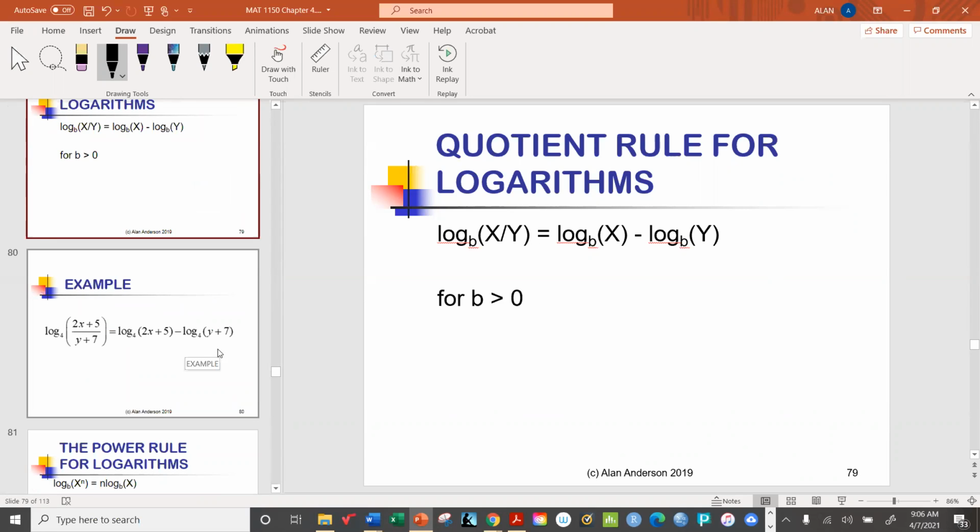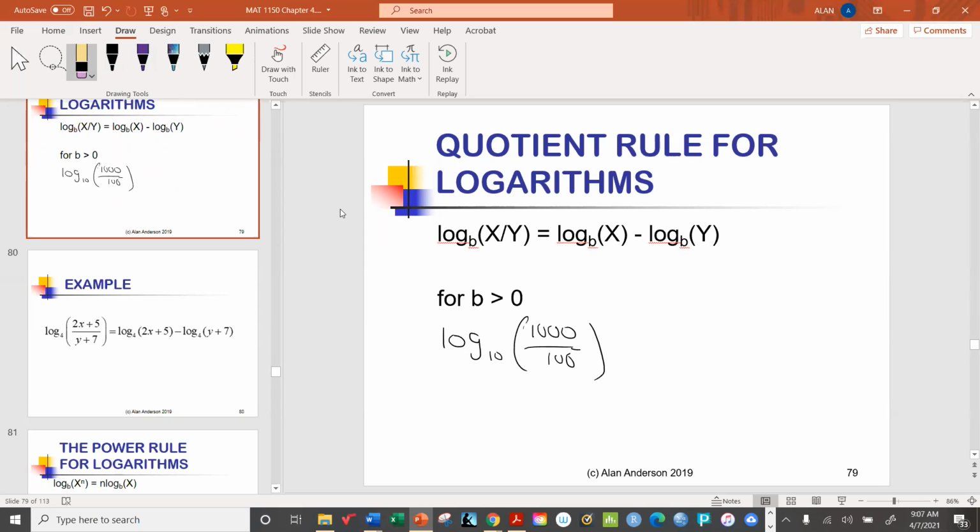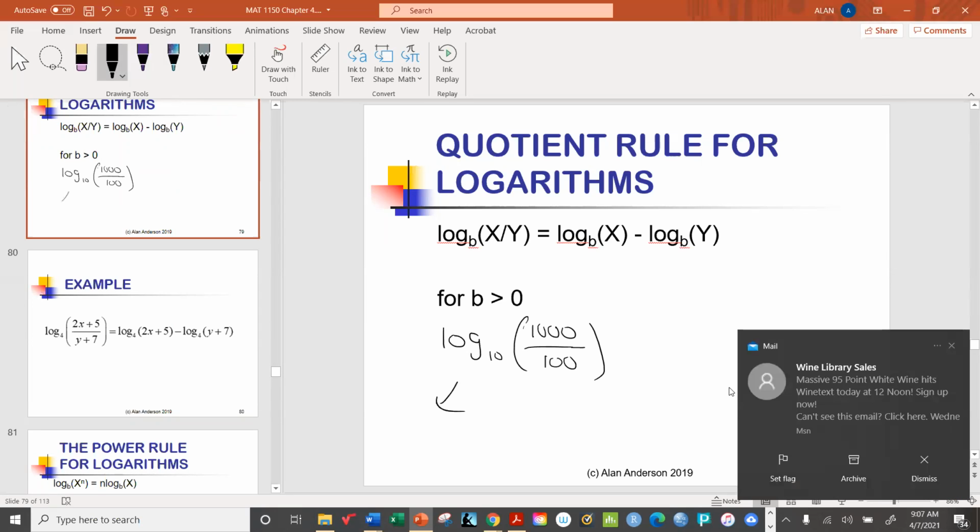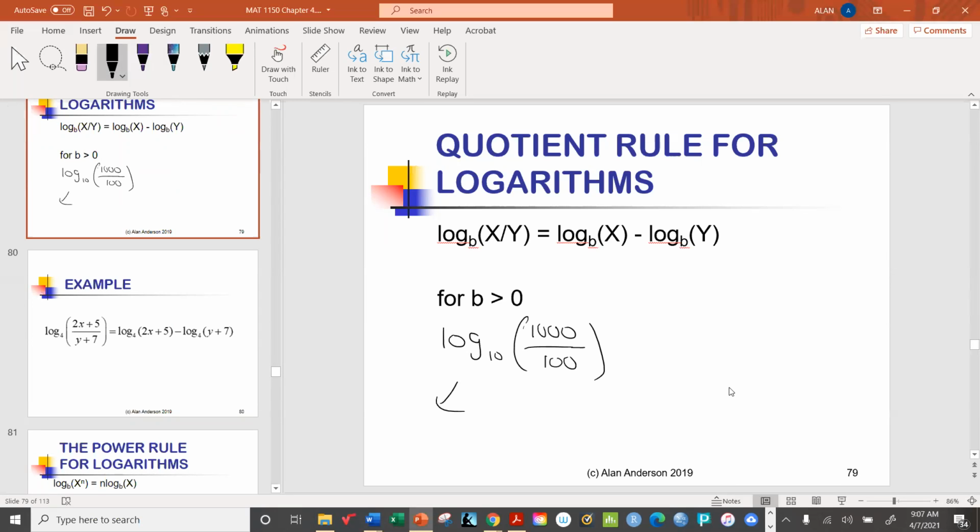Okay, so here's an example. What if, let me just make one up right now. How about this? Now, clearly, I can simplify this and turn it into log 10 of 10, which is just 1.